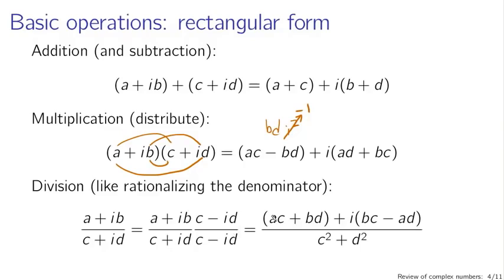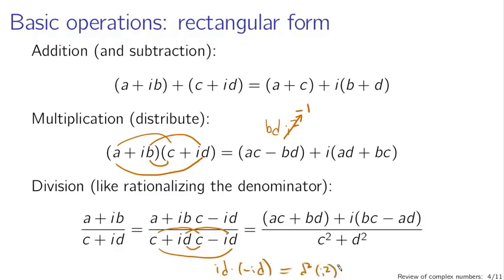Now, when you do the distribution, for instance, let's just do it in the denominator, c plus id times c minus id. Using the top eyebrows of the smiley face, I get c squared, plus, now, id times minus id, which is, well, I'll just write it out: d squared times i times minus i.